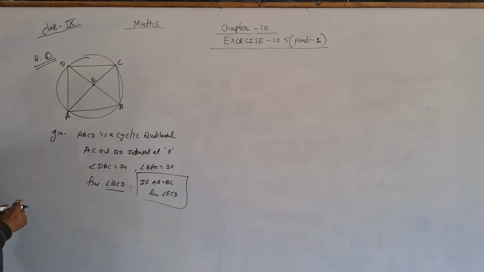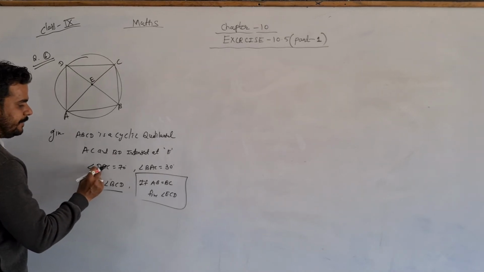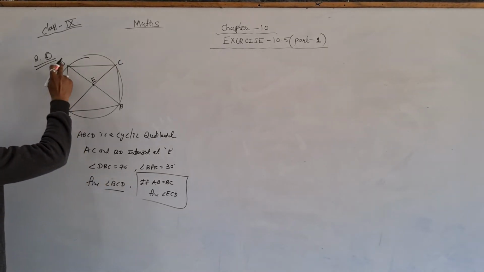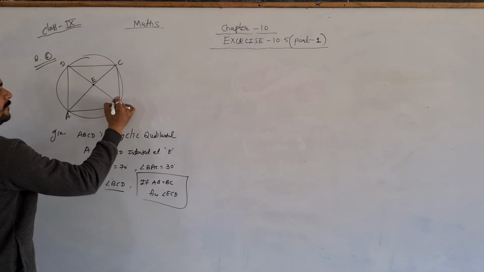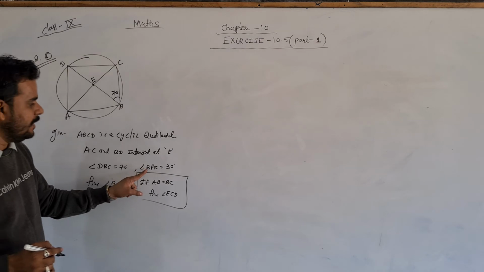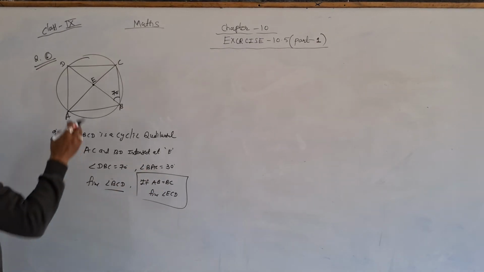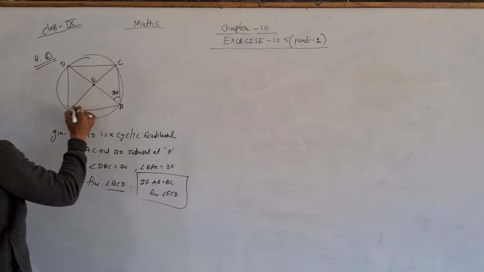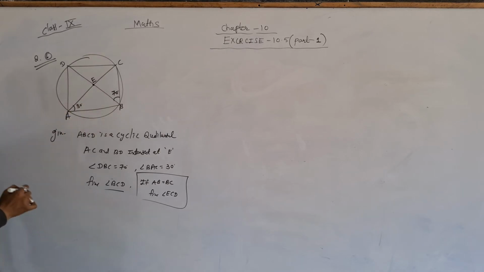So first we will mark here angle DBC. This angle is given how much? 70 degrees. Second thing, BAC is given 30. This angle BAC is given 30 degrees.